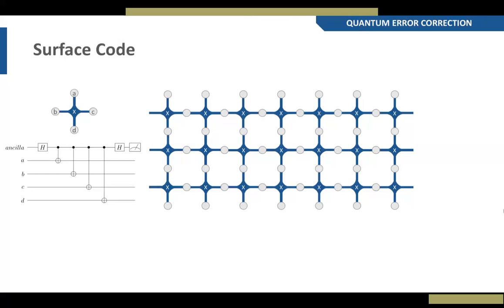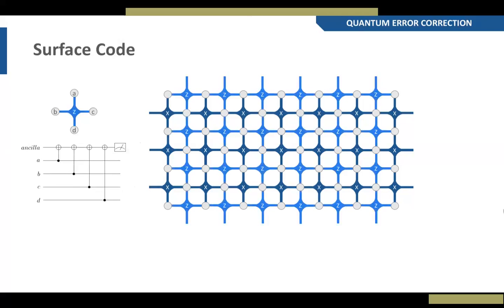And to be complete, we also want to detect bit flips. As I mentioned, the X stabilizer detects a phase flip. In order to detect a bit flip, we use a Z-style stabilizer that interleaves with the X stabilizer, as shown on the surface right here.